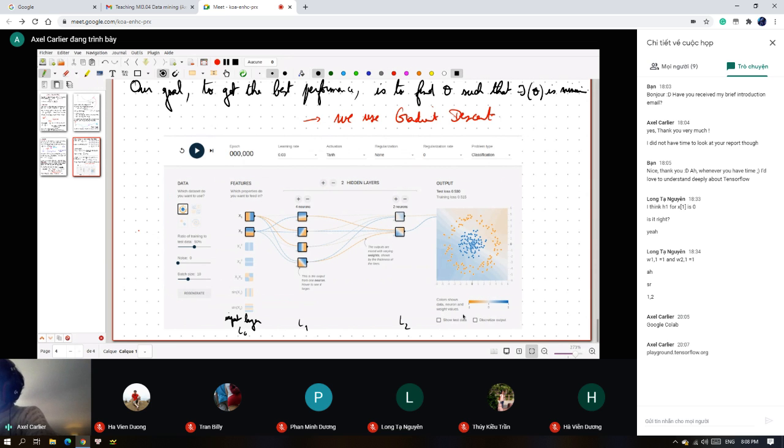And here, this is your output layer, so L3. The problem is basically binary classification. You have blue points, you have orange points, and the real problem that you want to solve is: here is a new point. Should that be classified as blue or should that be classified as orange? Okay, this is binary classification.